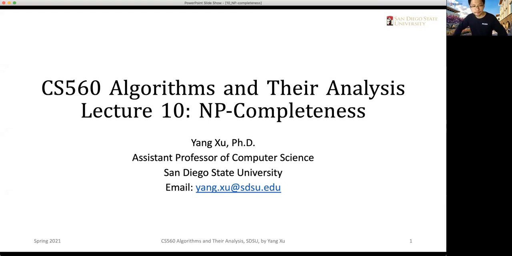And I choose to use this chapter as the ending one because it's not about a specific kind of algorithm, but it's a more high-level theoretical framework that studies the properties of algorithms.